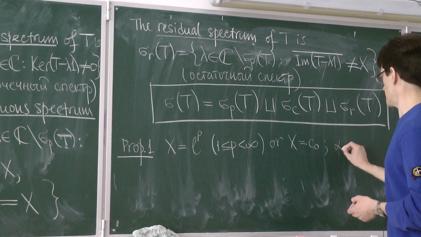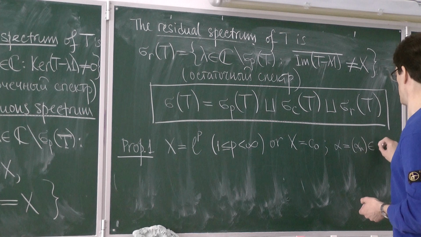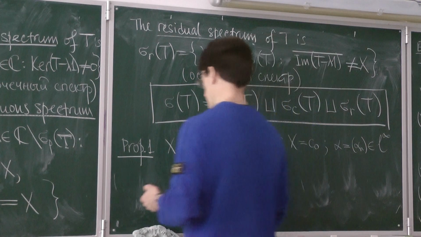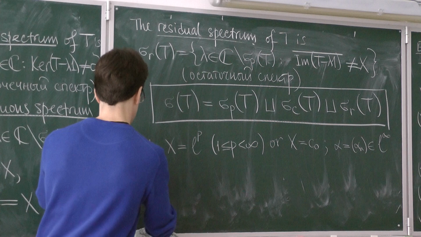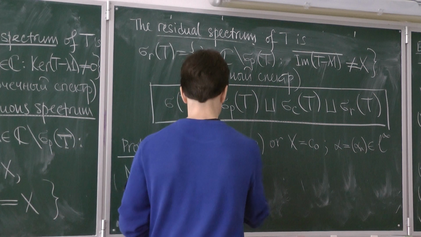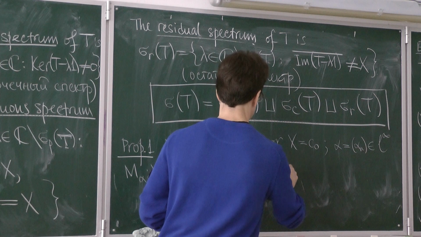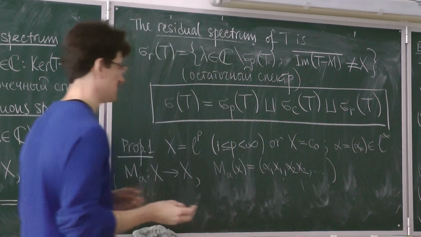We choose a bounded sequence alpha, so this is an element of little l infinity. And we consider the diagonal operator M alpha. This is an operator on X, which is given by the following formula. This operator just multiplies by alpha.